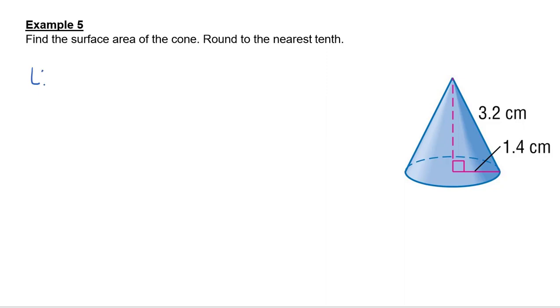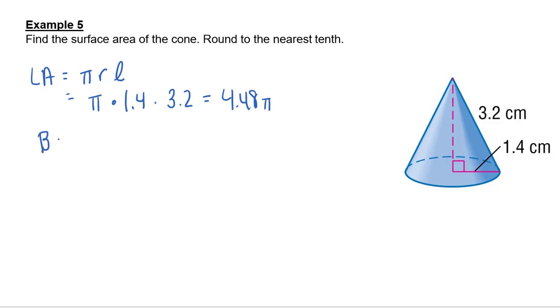Okay, so my lateral area is pi r l. Pi times my radius, which is 1.4, times 3.2 is equal to 4.48 pi.